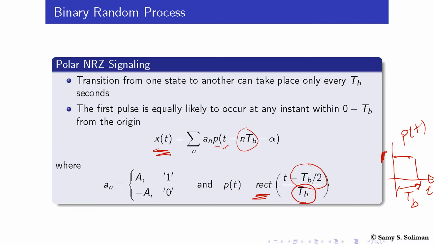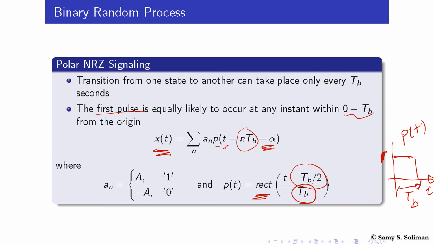Moreover, in order to keep the representation generic, we don't know whether the origin exists at the beginning of one bit or in the middle of one bit. So we represent that randomness by the factor alpha, where in general we assume that the first pulse is equally likely to occur at any time instant within a window of TB from 0 to TB.